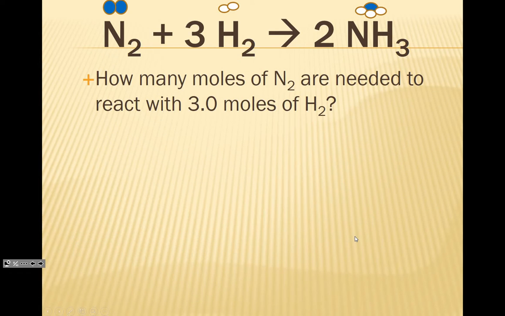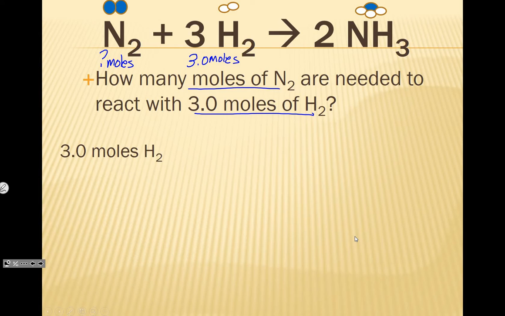Okay, so looking again, how many moles of nitrogen? So underneath nitrogen, I put question mark moles. You'll understand why I'm putting the moles there in just a minute, because we might be doing something different. Are needed to react with 3 moles of H2. So I've got 3 moles of H2 this time. So again, start with what you're given, 3 moles of H2. Set up my conversion chart. I want to get rid of moles of H2. So looking in front of H2, there's a 3.